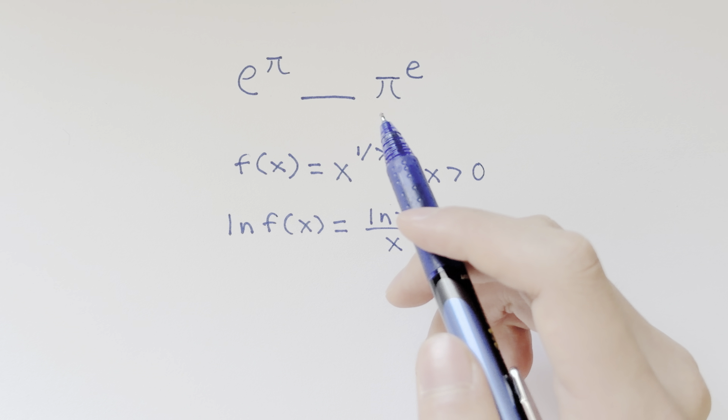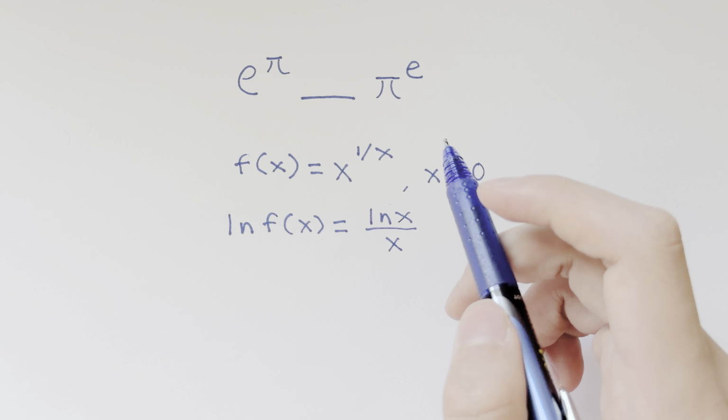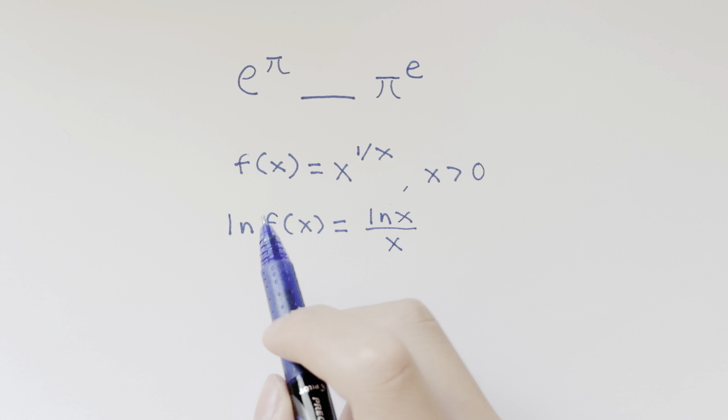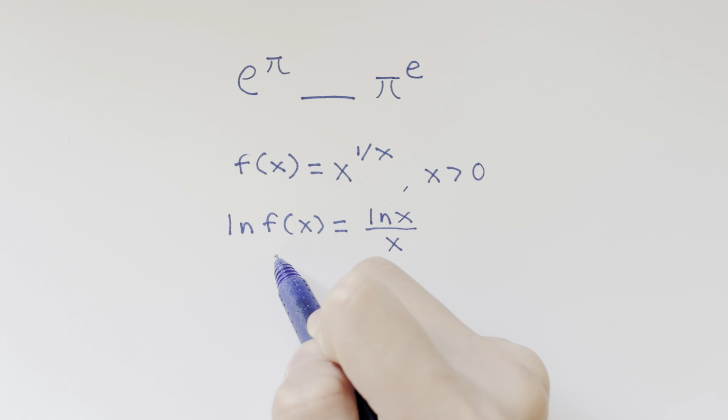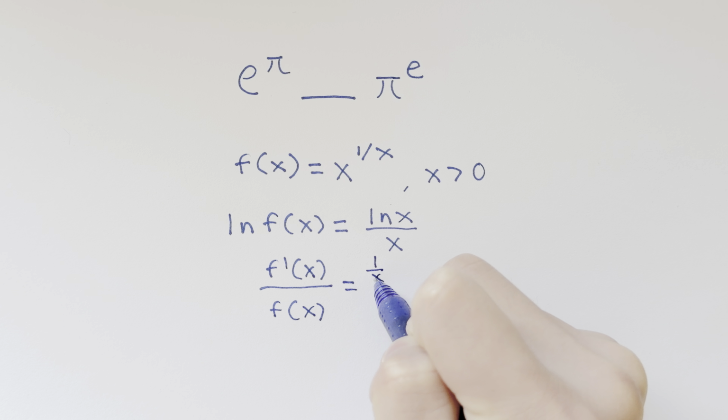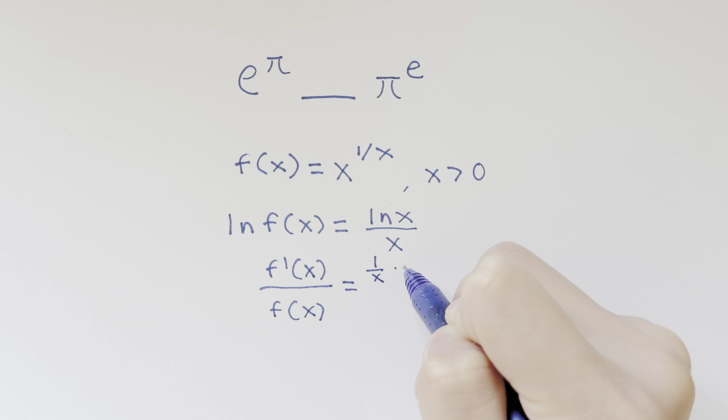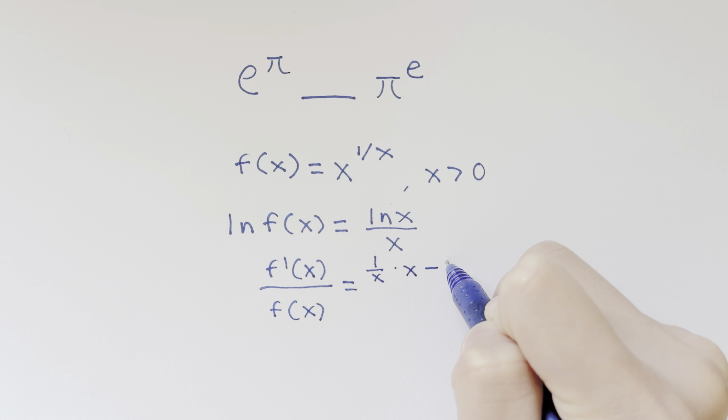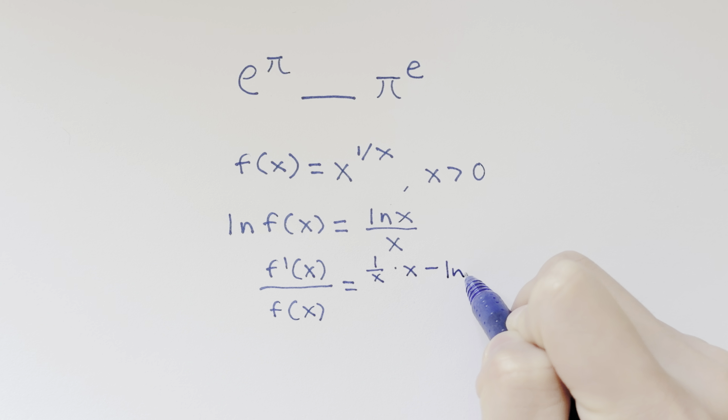Now we can differentiate both sides implicitly with respect to x. So f prime of x divided by f of x is equal to 1 over x times x minus ln x times 1, divided by x squared.